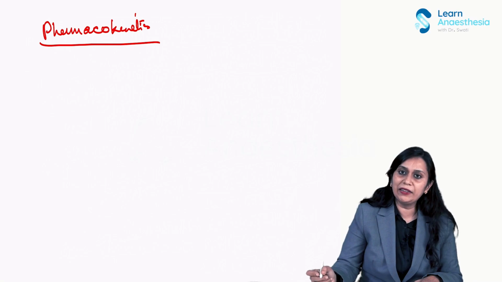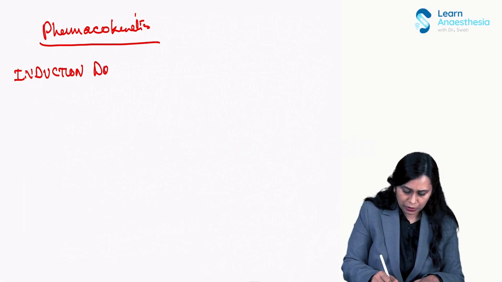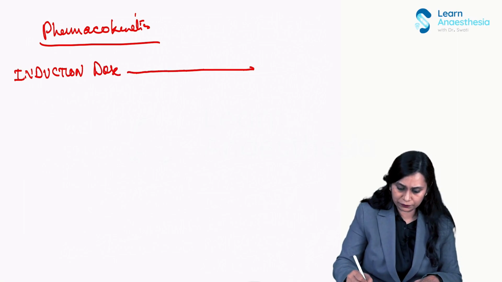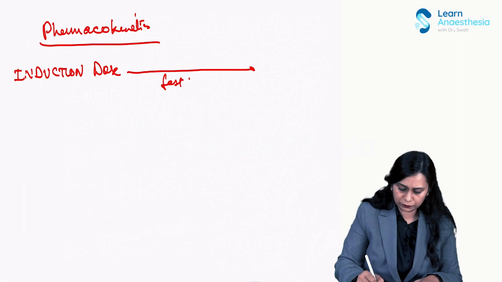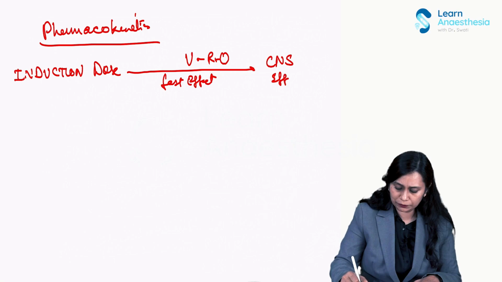Let us say I gave the induction dose of thiopentone. It has a very fast effect. It will go to the vessel-rich organs, and that is the central nervous system, where the effect will happen.